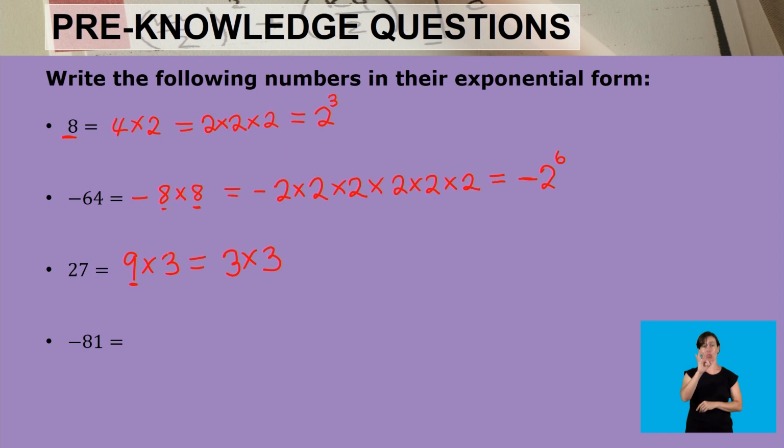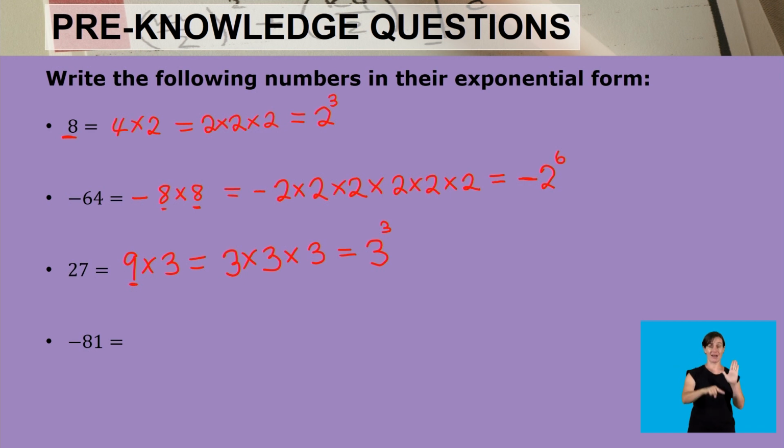And of course, we have that other 3 there, so we are going to multiply that by 3 as well. So how many 3's do we have here? We can see that 3 has been multiplied by itself 2 times, so that means we have a base 3, and that 3 is appearing there 3 times. So 27 written in exponential form will be 3 exponent 3. Let's move on to our last one there.